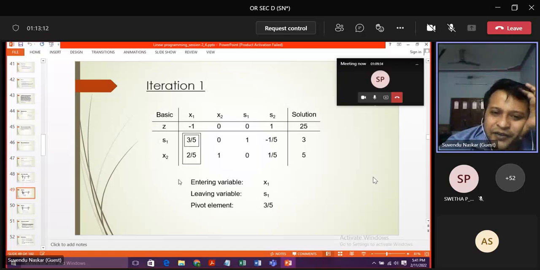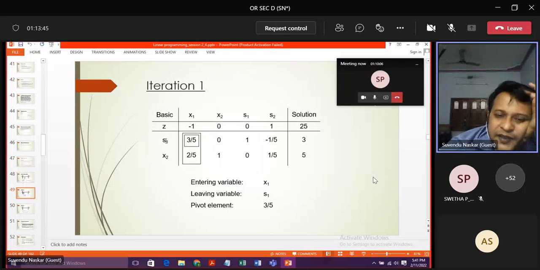Okay, now we'll start with this and follow the same approach. We'll do 3 by 5 and 5 by 2 by 5, whichever is the minimum ratio, and use it as the pivot element. Look at this: the moment I have worked on S1, the entering variable is x1 and the leaving variable is S1.